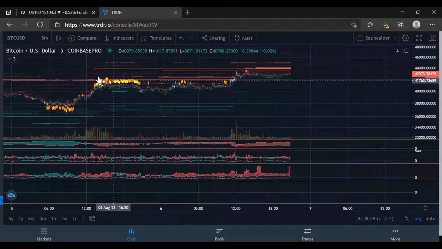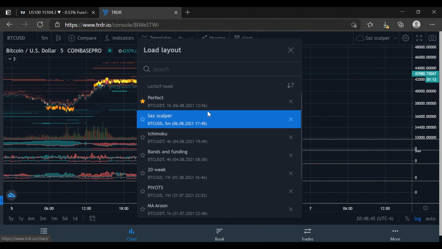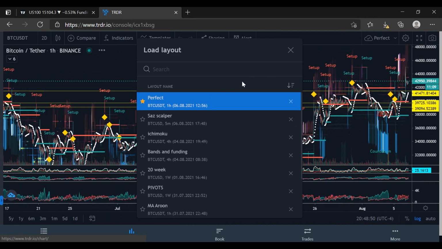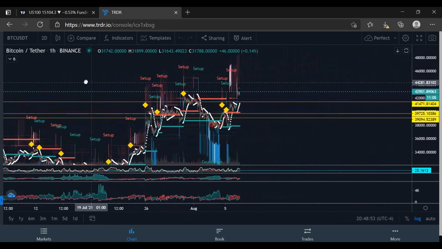Let's check my TD sequential. Perfect. We'll be on the 1 hour here.